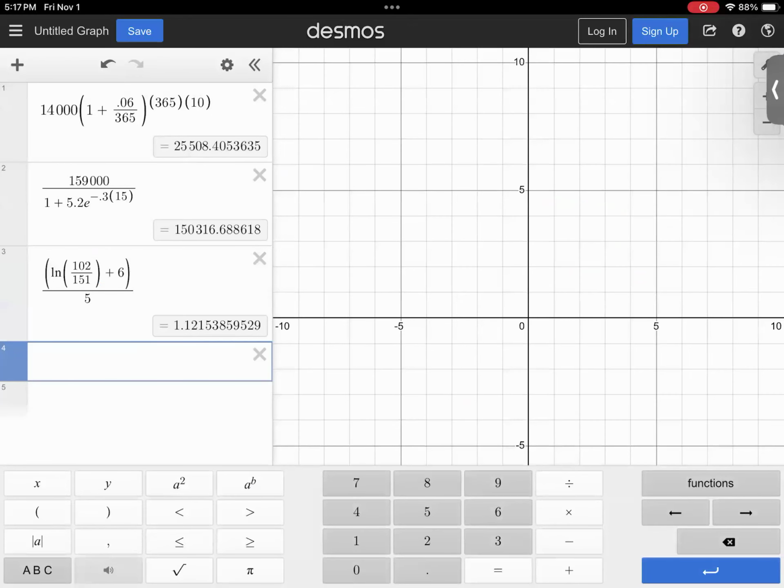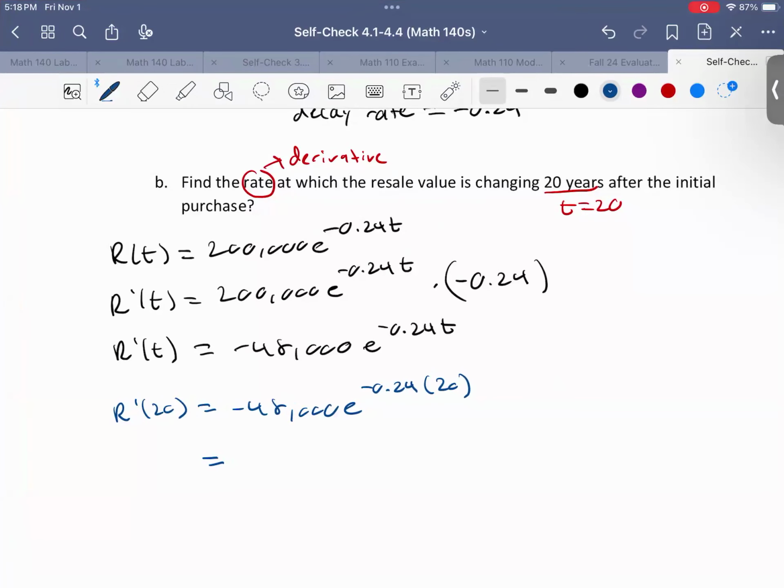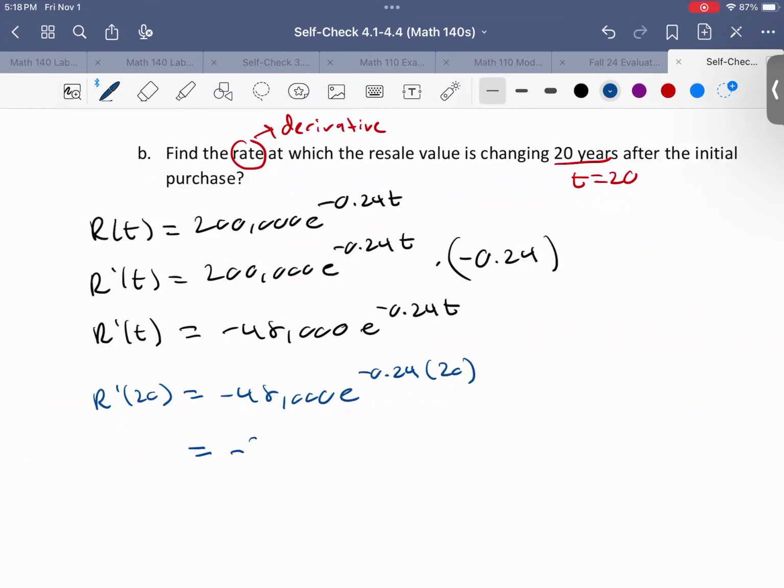I get -48,000 e to the -0.24 times 20. And I end up with -395.0278. So let's go ahead and round to 2 decimal places. So what I end up with is -395.03.